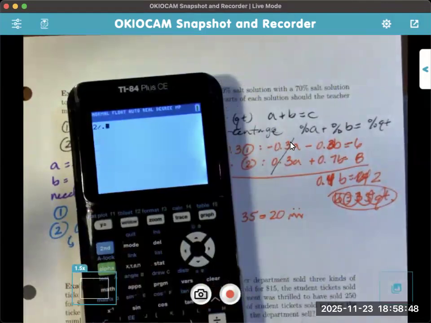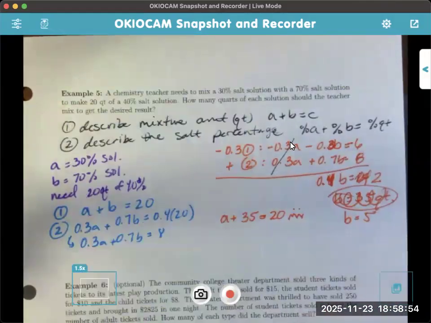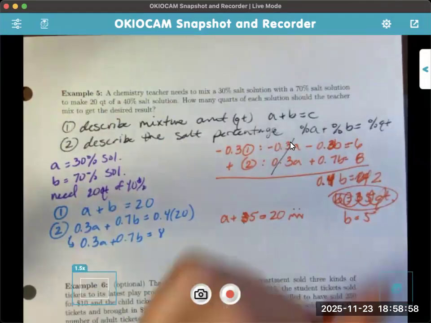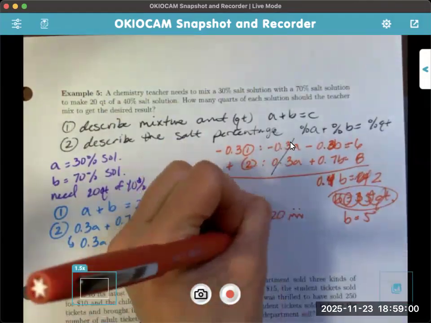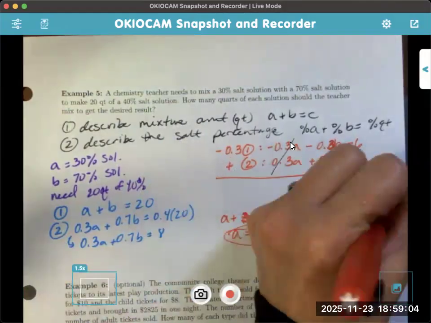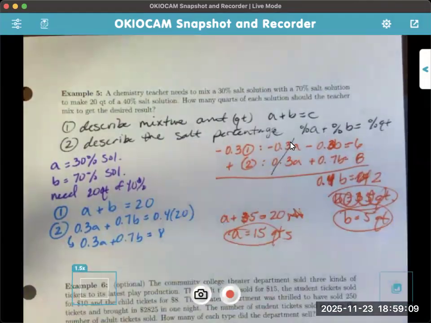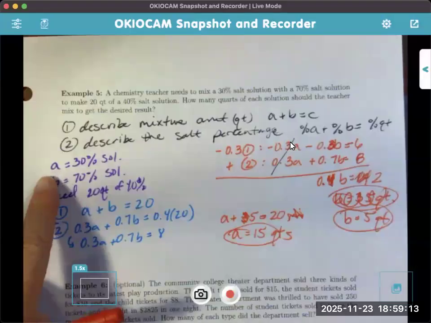2 divided by 0.4 is 5. Much better. That makes more sense. There we go. 5. Okay. So then A is equal to 15. There we go. Okay. So 5 quarts of the 70% and then 15 quarts of the 30%.